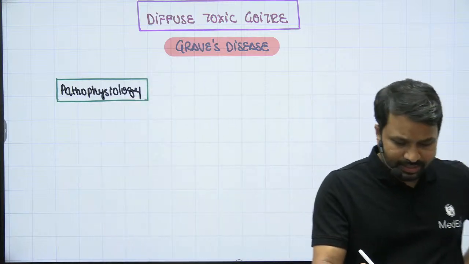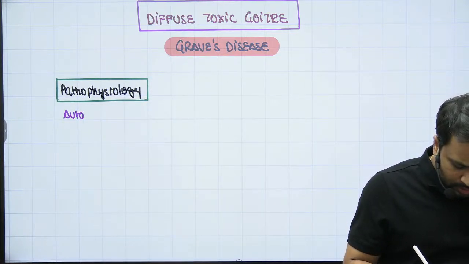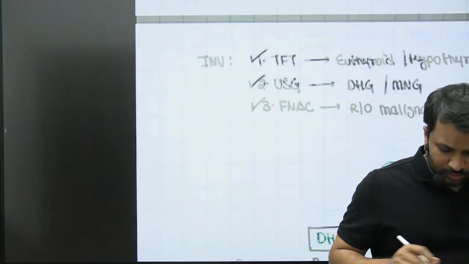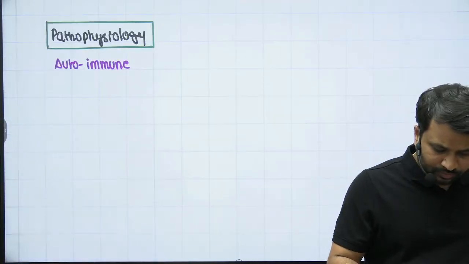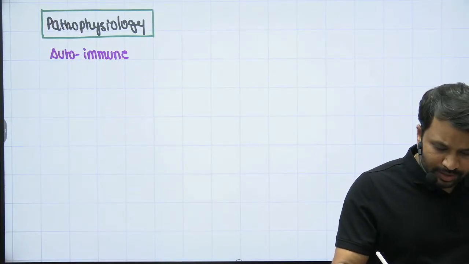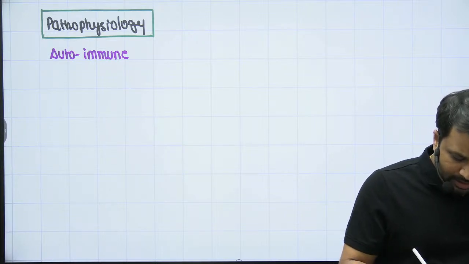When you talk about the pathophysiology, Graves' disease is an autoimmune disorder. All autoimmune conditions will be associated with the development of antibodies.